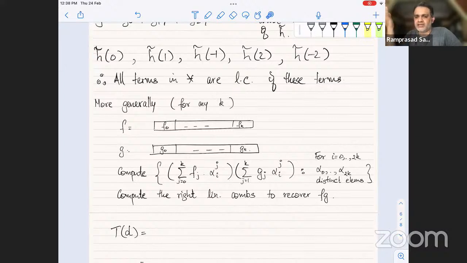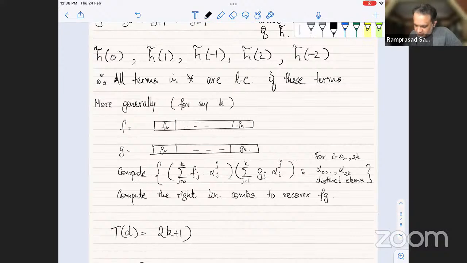How many different multiplications do I need to compute? These are all the products that are going to be my recursive calls. That's what I'm going to recursively use the polynomial multiplication to compute. So how many of them do I have? 2k plus 1. So I have 2k plus 1 such terms.